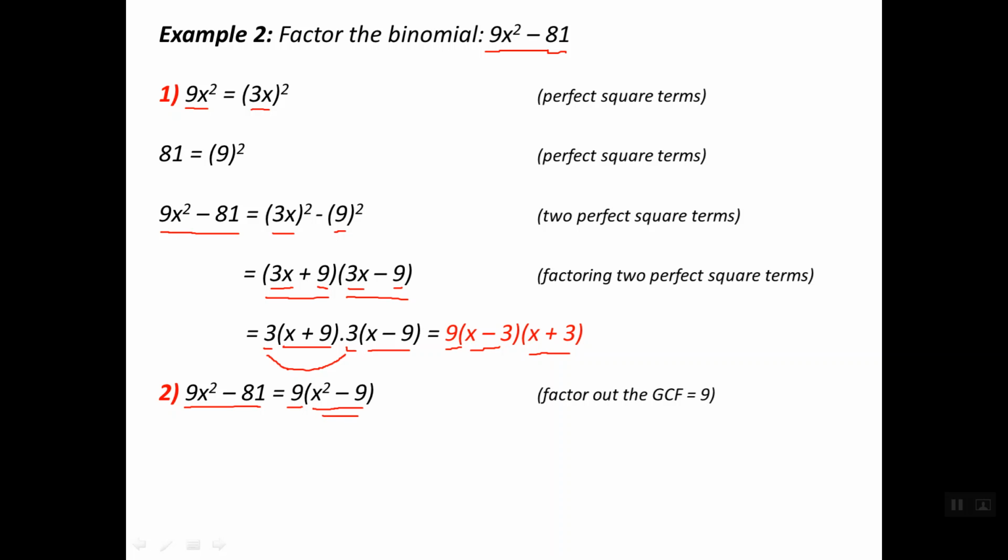If you check the value of x squared minus 9, simply we can conclude that it is two perfect squared terms with a minus sign between, so we can use the formula. So x squared minus 9 factorizes to x minus 3 times x plus 3.